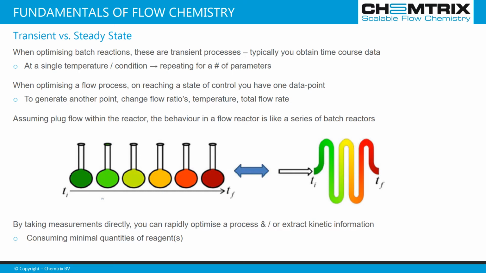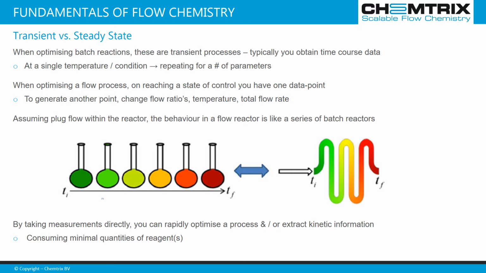In a flow process, by changing flow rate ratios, you can instantly change your stoichiometries. By changing overall flow rate volume, you can be changing your reaction time, and on the fly you can change your temperature. So what you're able to do is much more quickly, in a data-rich environment, generate lots of different reaction conditions.